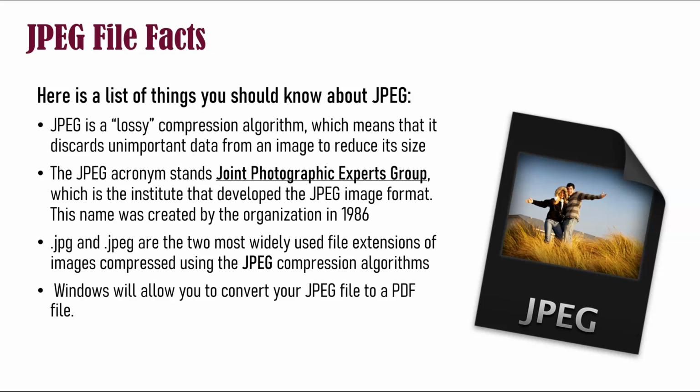The JPEG acronym stands for Joint Photographic Experts Group, a name that was coined in 1986. And Windows will allow you to convert your JPEG file to a PDF. And then we have JPG and JPEG are the two most widely used file extensions.